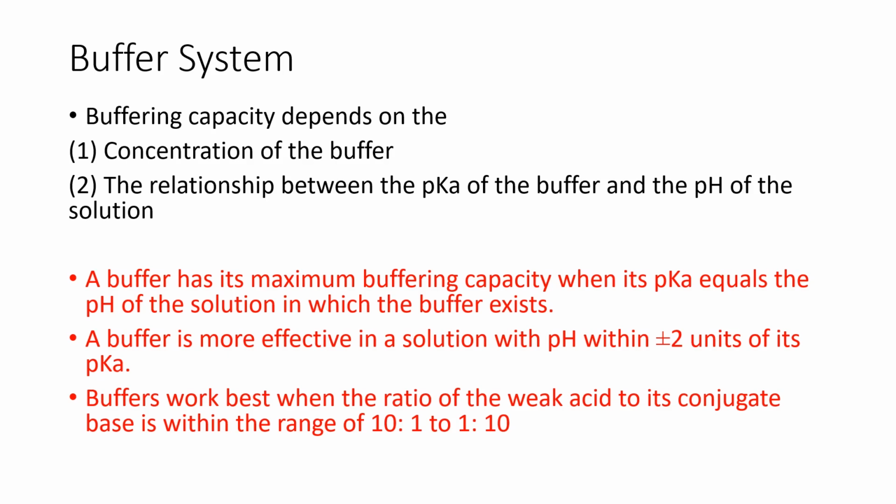In fact, it is better to have the concentration of a weak acid and its conjugate base be the same in a solution, but because that does not usually happen most times, it works best for a buffer system when the ratio of the weak acid to the conjugate base is not more than 1 to 10. Again, this does not mean that if the ratio of weak acid to conjugate base is more than 1 to 10, the buffer system will not work. It only means that the buffer system will work better within that range. In fact, they will work best if the ratio of the weak acid to its conjugate base is within 10:1.